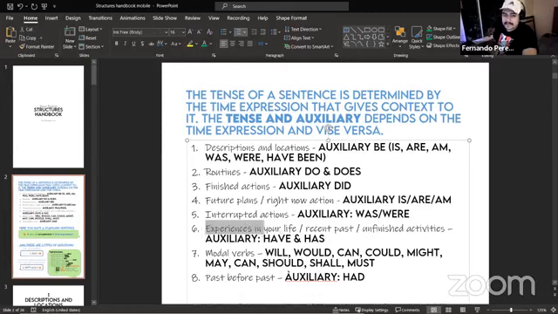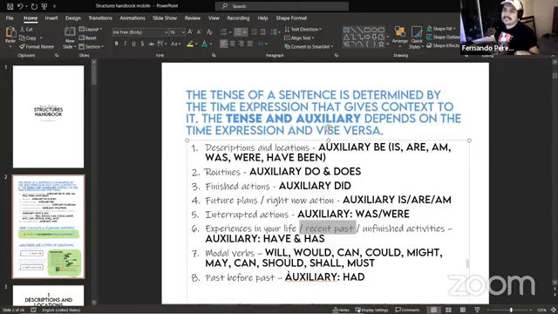Experiences in my life, recent past or unfinished activities. This is a little bit tricky because it doesn't exist in Spanish a lot, but you can use have and has to speak about experiences in my life. For example, in my life, I have traveled to many places around Mexico. Recent past, I have just started my English class.